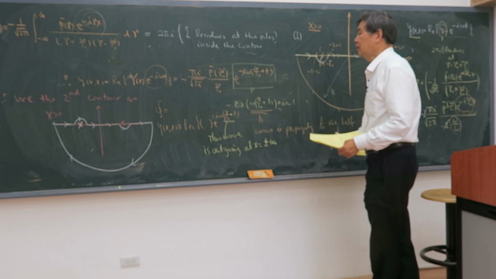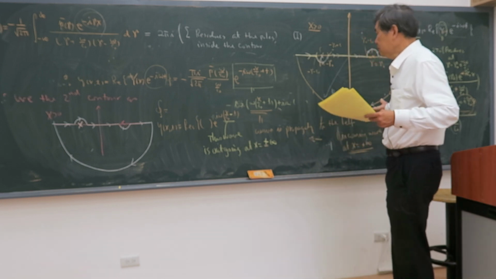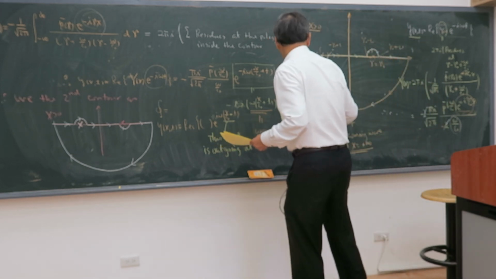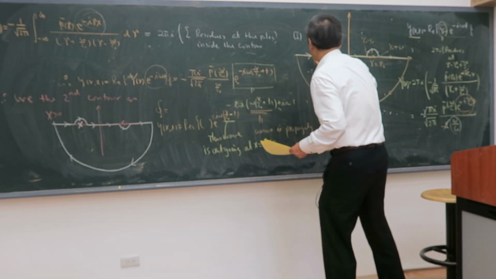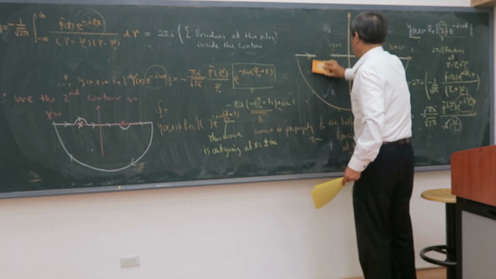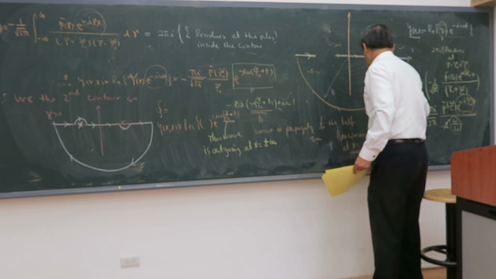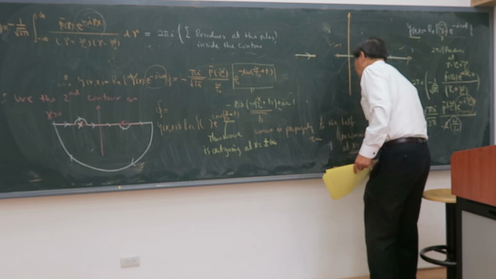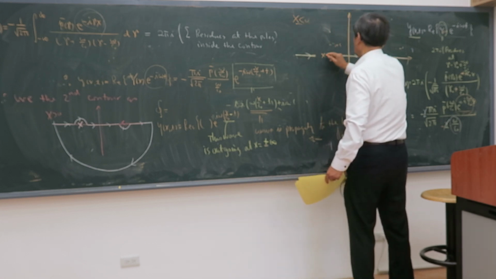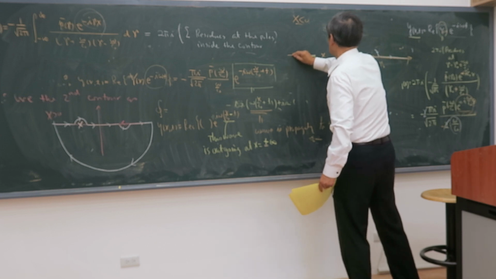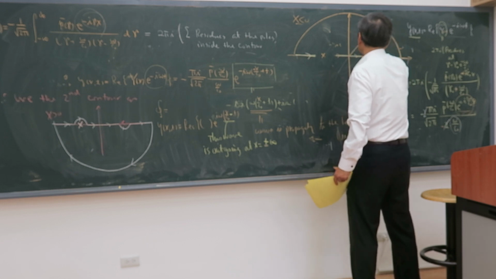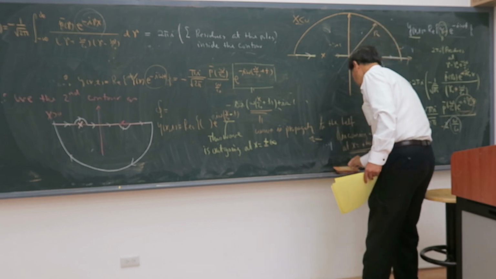All right. So now we decide our contour. For x larger than 0, we use this one. For x smaller than 0, we choose the contour like this. That's my R. And the contour is here.